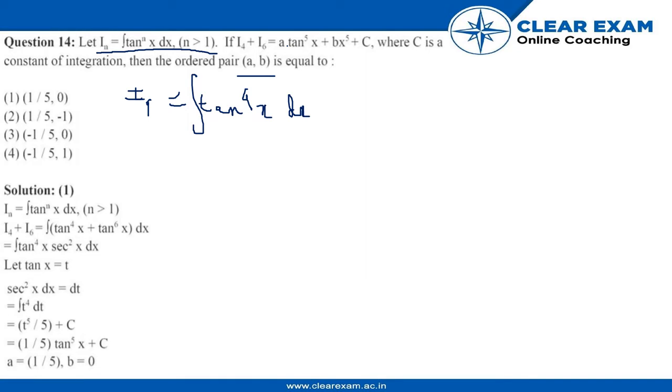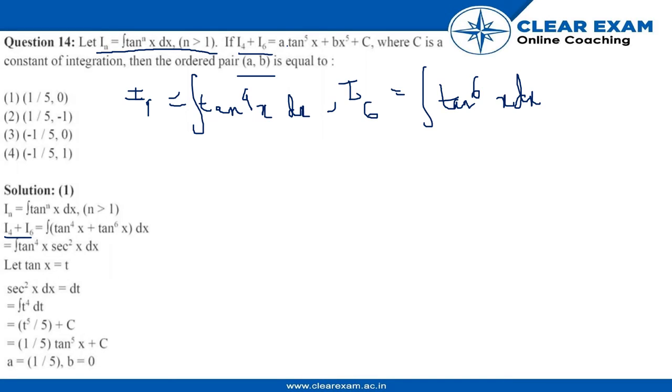Similarly, I6 would be the integration of tan raised to power 6x dx, and as the condition says that the LHS is I4 plus I6, we will simply compute it. Let's look here.